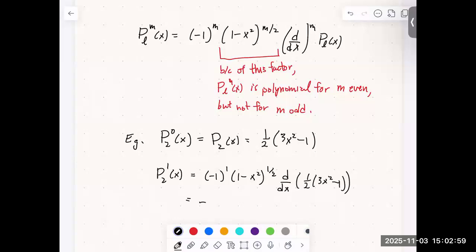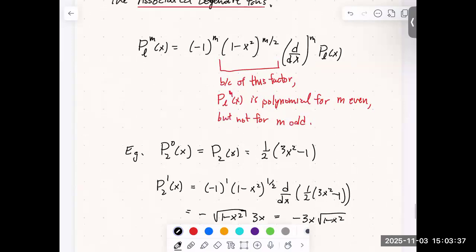It's minus the square root of 1 minus x squared. And then let's see, the derivative of 3x squared is 6x. We have a 1/2, so we get a 3x. And so what it ends up being is -3x times the square root of 1 minus x squared. And you can clearly see from this example that this is not a polynomial because of the square root. So that's why they're called associated Legendre functions, because they're not always polynomials.